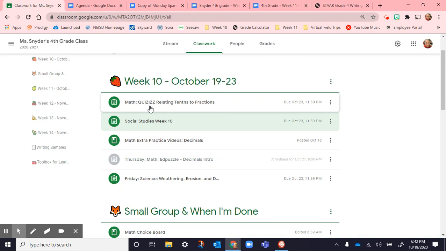Ones that were struggling a bit, we stopped and talked about it, and they were encouraged to try again. You can try this assignment as many times until you're happy with your score. It's really just practicing the placement of the tenths. If you remember that the tenths is to the right of the decimal point, you should be very successful with that activity.